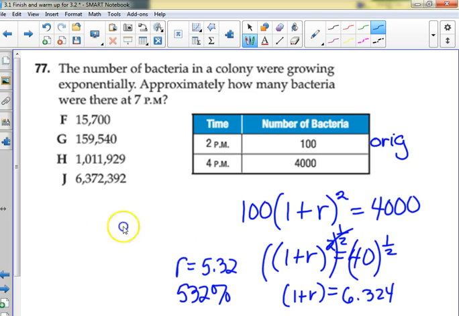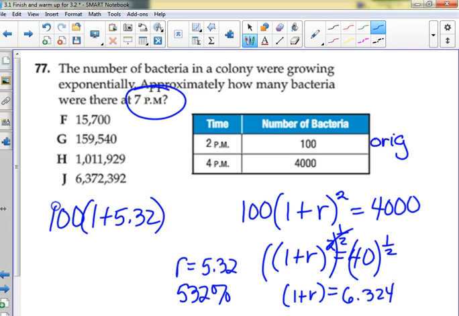All right, but back to the question. We just want to go back and figure out at 7 p.m. So if we started at 100, 1 plus 5.32, how many hours until we want to figure out what we have? If we started from 2 p.m., 5 hours. So try that.